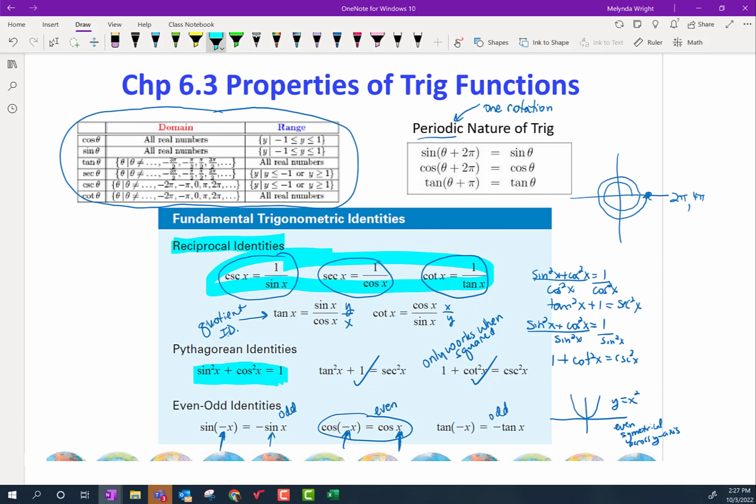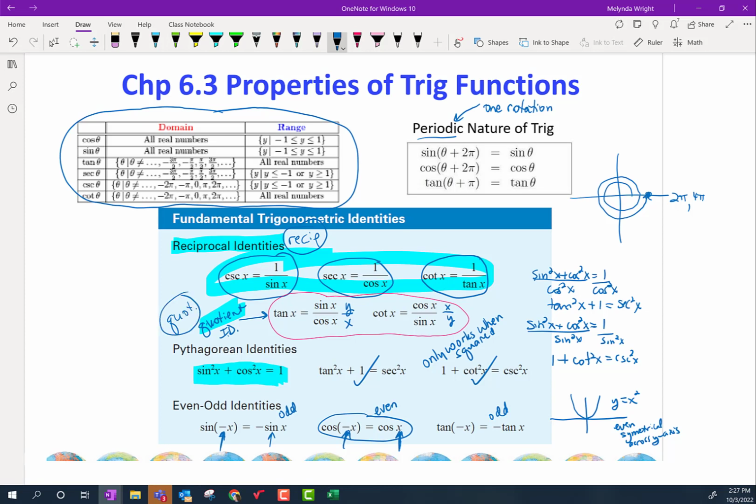Then we have quotient identities. Let me back up for a moment. On a proof we would abbreviate reciprocal as RECIP. Just abbreviations, that's enough for me to know. For the quotient identities that are listed right down here, we would just abbreviate it as QUOT.